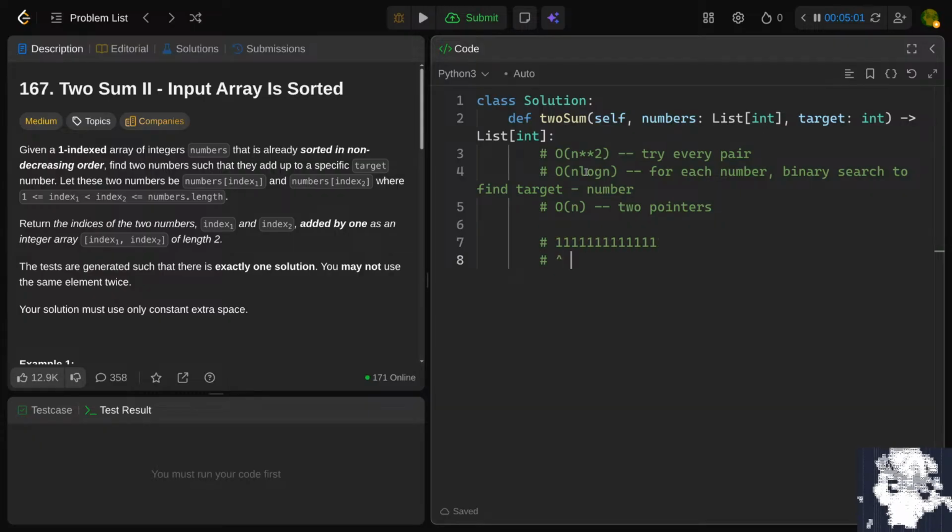Your first pointer is here, your last pointer is here. If this plus this is less than the target, then you want a bigger number, so you increment the left side because that will give you a bigger number to go in the sum. If this plus this is bigger than the target, then you want a smaller number, so you decrement the right side.